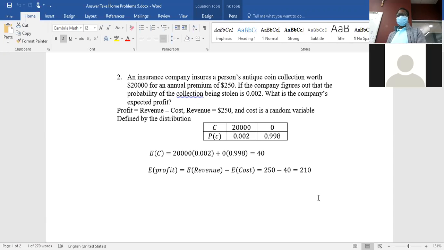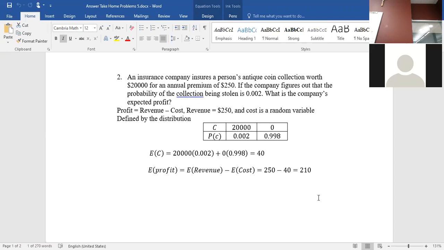If it is not stolen, they will not spend any money. We assume that is 0, with a probability of 0.998. So using this method, the expected cost is 20,000 times 0.002 plus 0 times 0.998, which is 40.